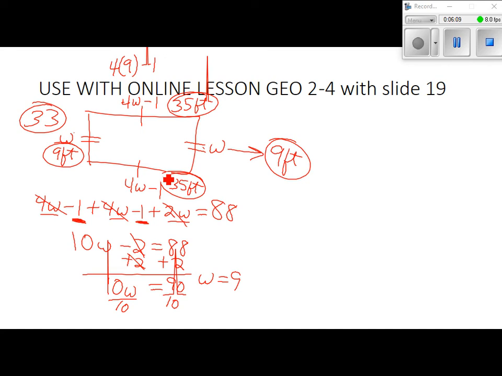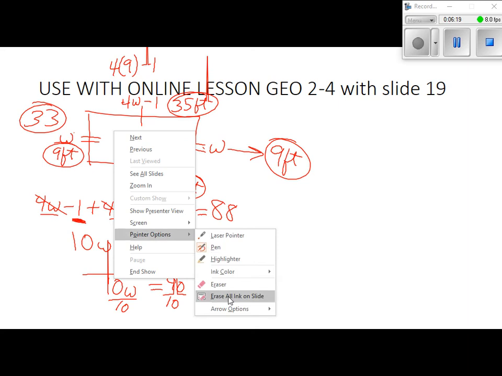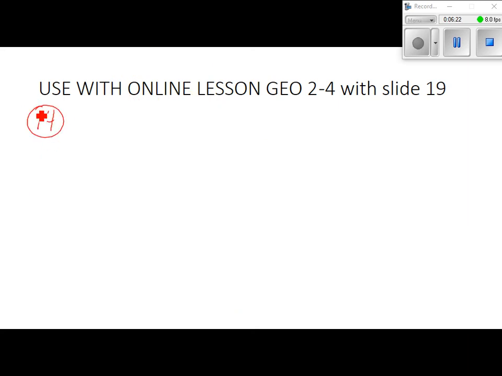Next question. 14. Is that an O or a Q? Q. It's a Q. They tell us that TR is, what's this symbol mean?